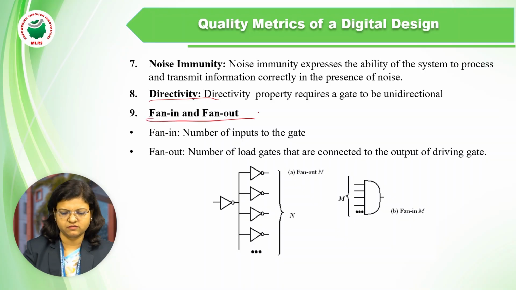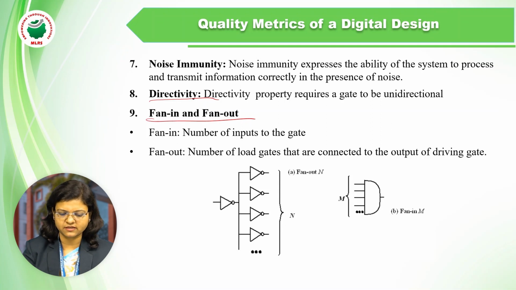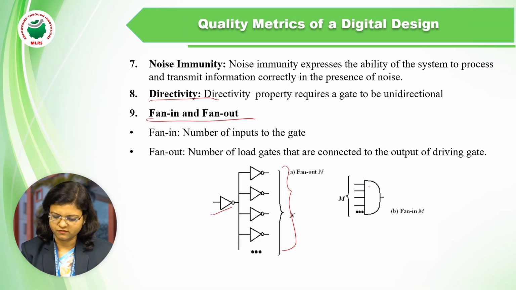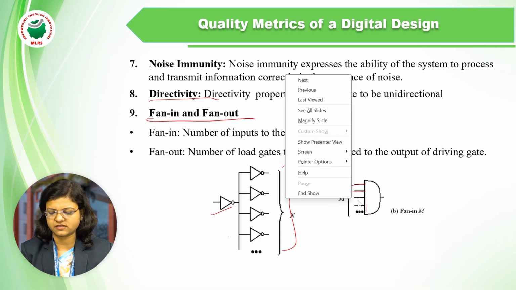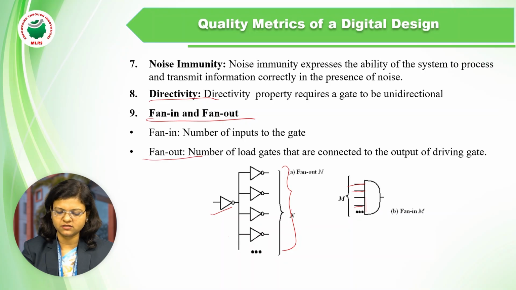Another quality metric is fan-in and fan-out, which is again related to functionality and robustness. Fan-in is how many inputs there are. These are the inputs to the gate. So this is the one gate, and this is the fan-out. How many inputs we give to the gate is the fan-in, and fan-out is how many gates are driven by this particular gate.